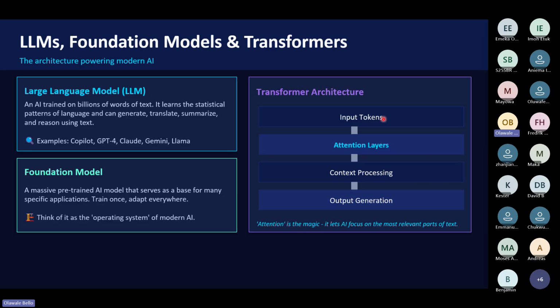The input is just the question you are asking the AI. Think of ChatGPT or Copilot, where you ask a question, and from there the LLM, the large language model, processes it and generates output, which is the response we get whenever we leverage any of these AI tools.